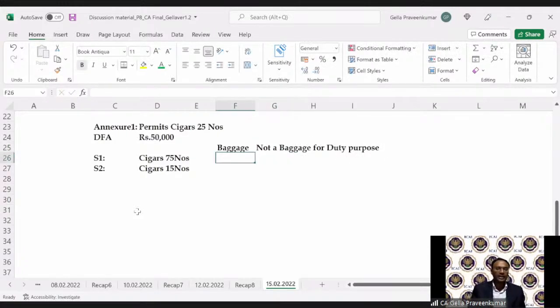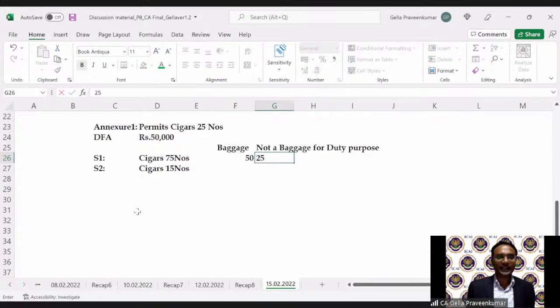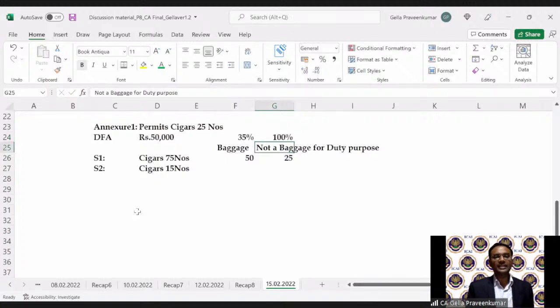Here, what the department is saying, what the provision is saying, up to 50 numbers, I can call that as a baggage. 25, I cannot call as a baggage. Why? My ad valorem value, 35% is the duty. In case other than baggage, 100% is the duty payable.